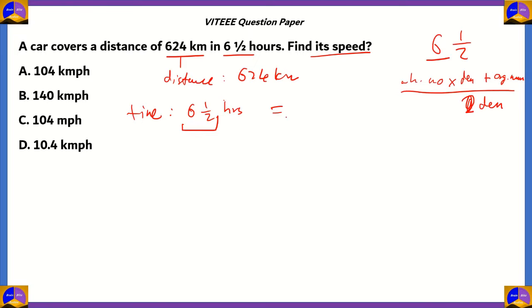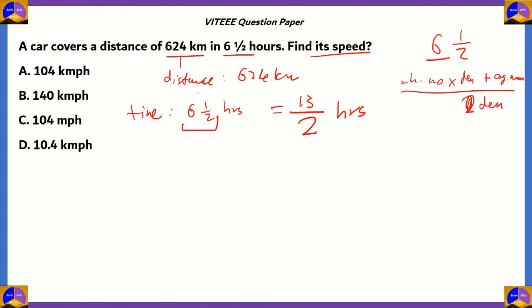So that's the formula here. When you use that formula, you get 6 times 2, that's 12. 12 plus 1 gives you 13, divided by 2 hours. So the time given here is 13 by 2 hours.